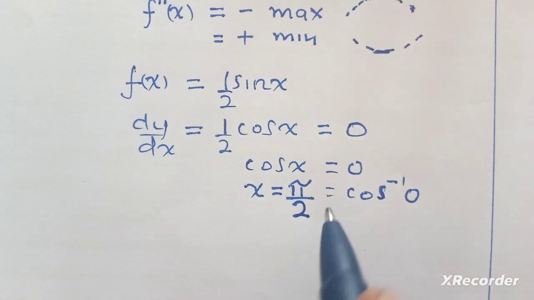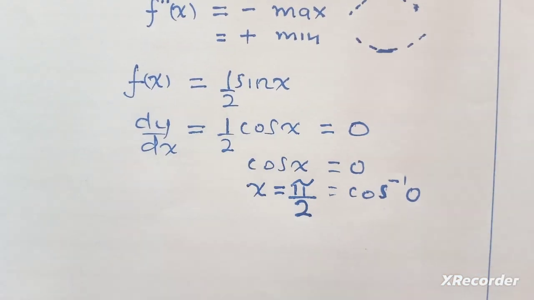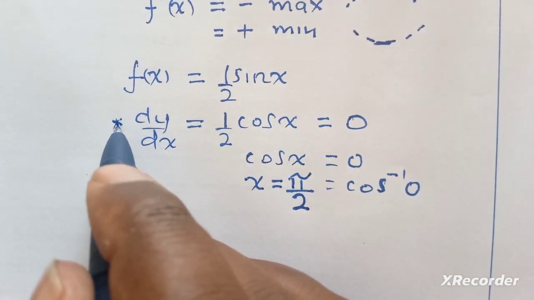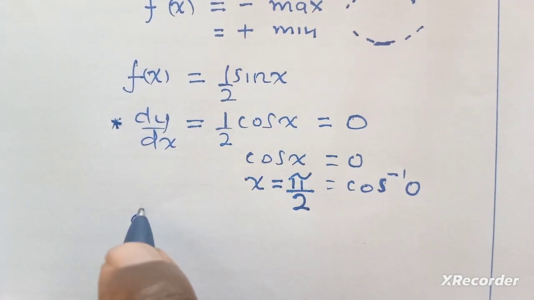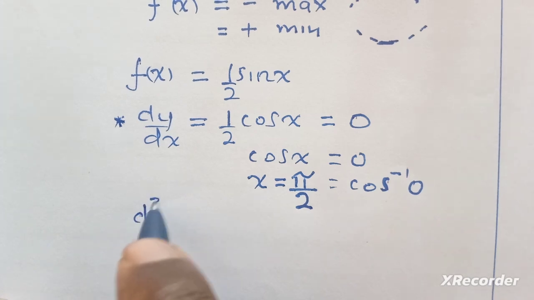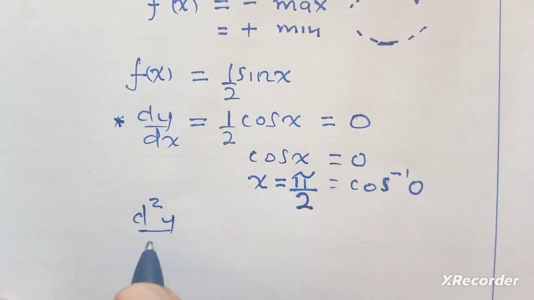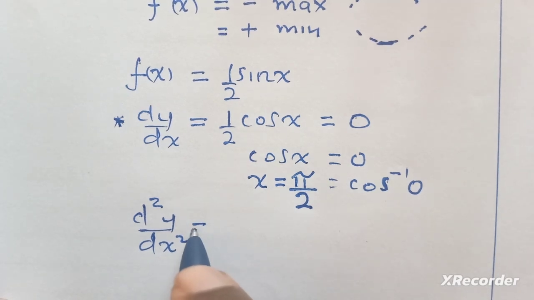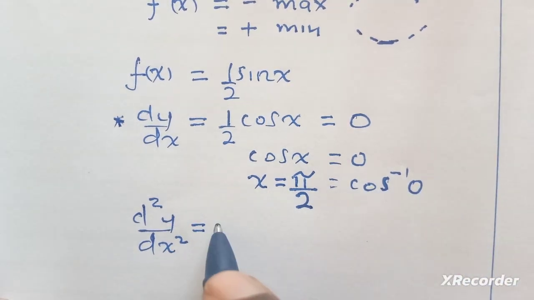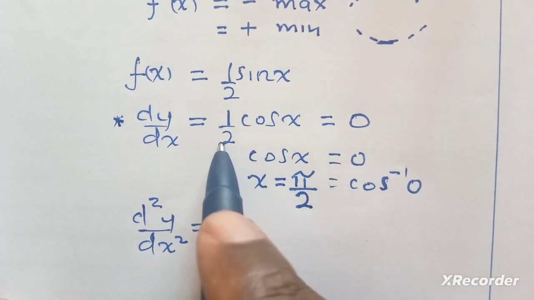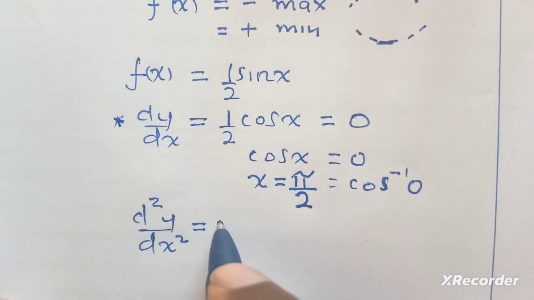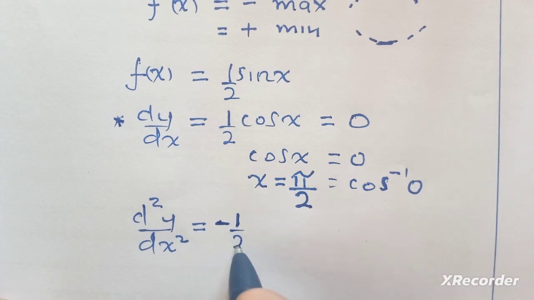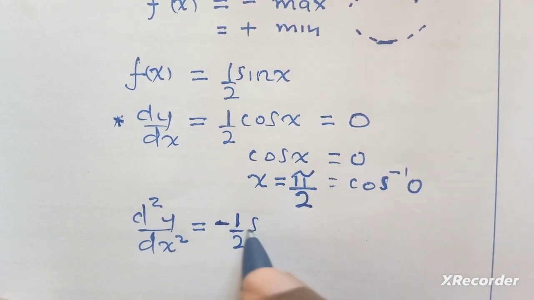So we shall derive again the second derivative. That is from this one. Now we go to d squared y all over dx squared, like that. This one will still be a half. We differentiate that one, and you are going to get minus a half sine x, like that.